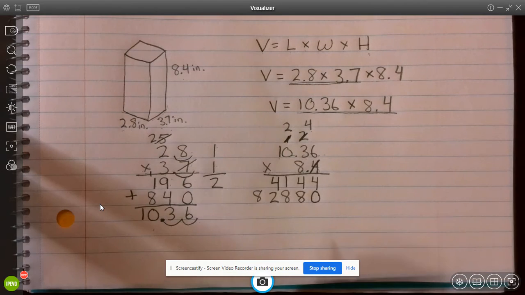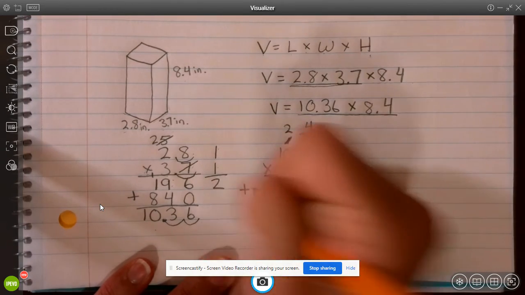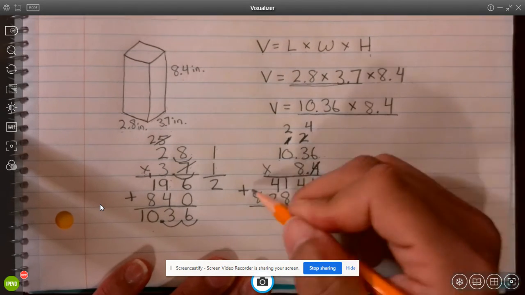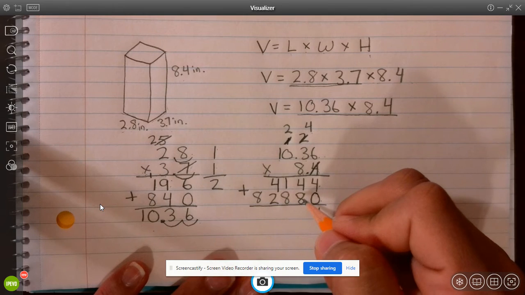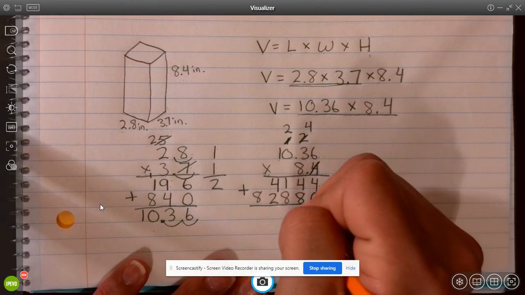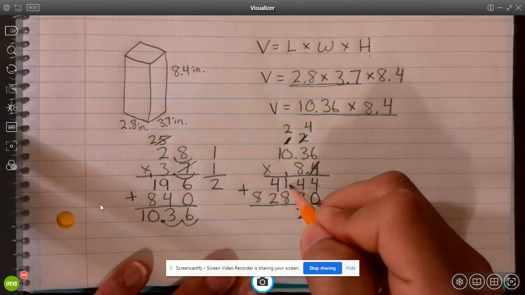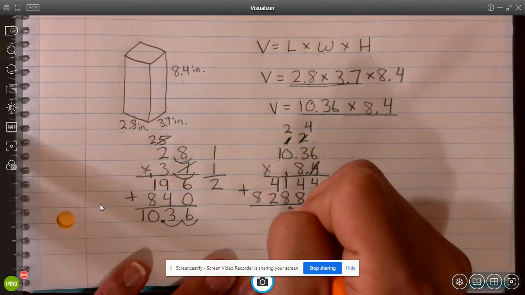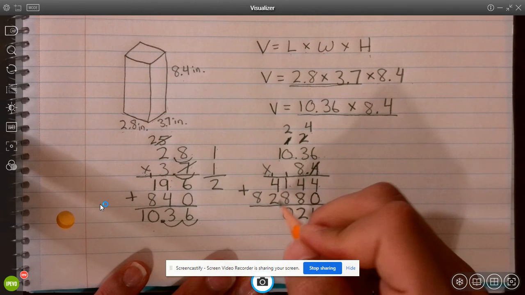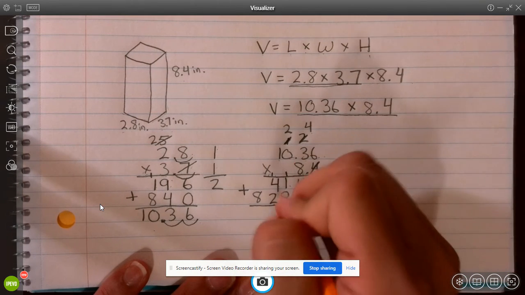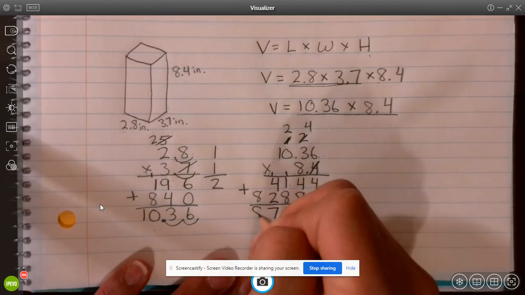Okay, now my last step is to add both partial products together. 4 plus 0 is 4. 8 plus 4 is 12. Carry your 1. 8 plus 1 is 9, plus 1 is 10. Put your 0, carry your 1. 4 plus 2 is 6, plus 1 is 7. And then 8 plus nothing is 8.